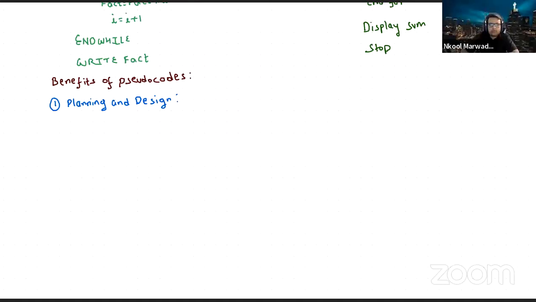And because of this planning and designing, the main benefit we get is that it helps in identifying the logical error.